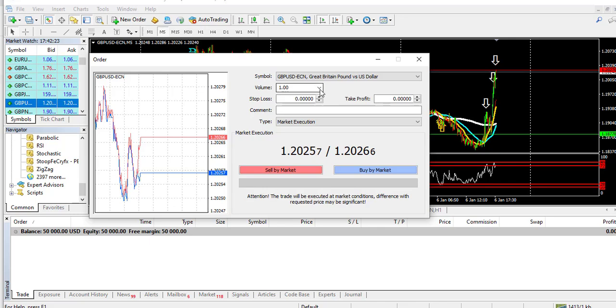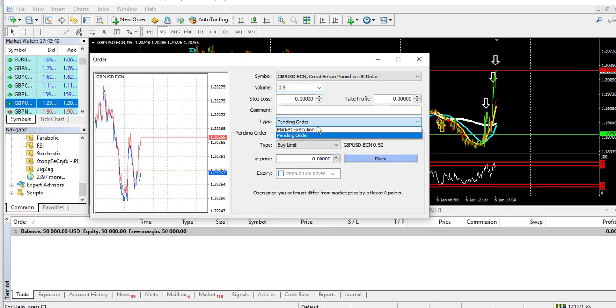And here I'm looking at starting with 0.5 from our analysis, and I'm targeting 75 pips.